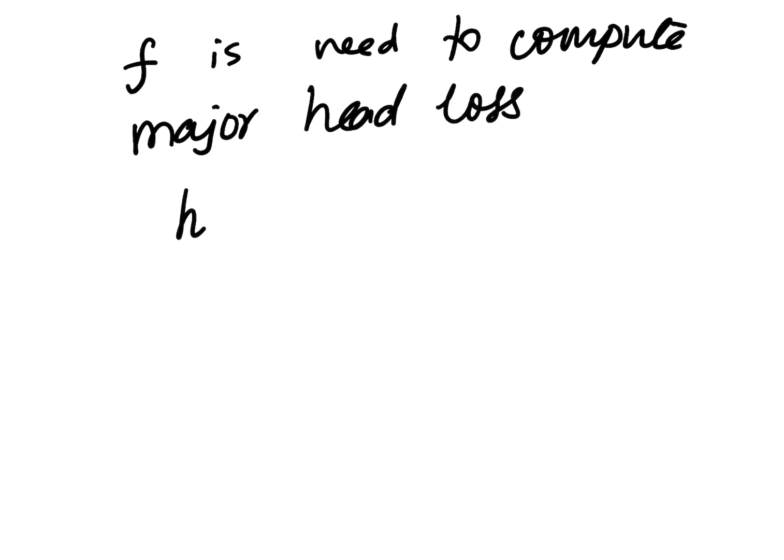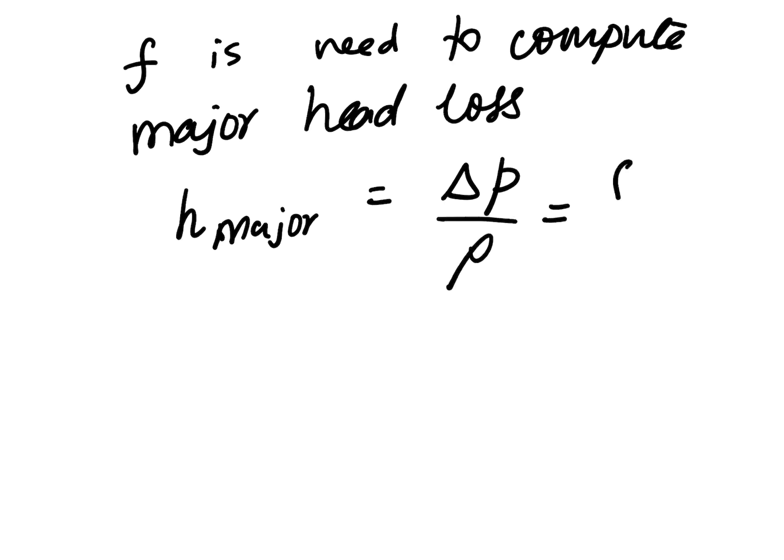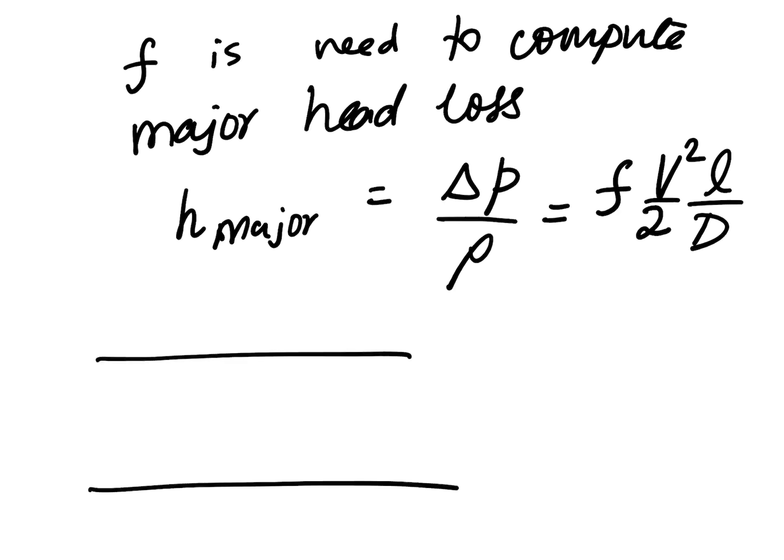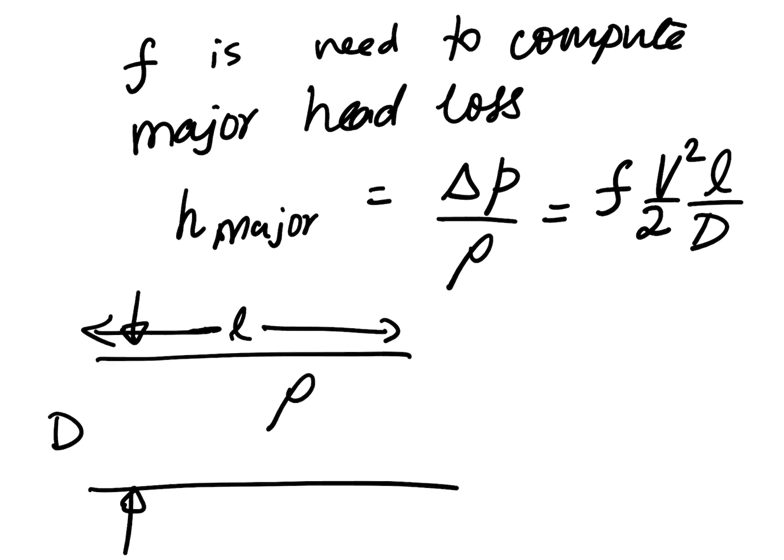So major head loss, to recall, H major, is the pressure drop across a straight pipe section divided by the density of the fluid, and this is calculated as the friction factor times V squared over 2 times L over D, where L is the length of the piping section and D is the diameter of the pipe. So this is D, this is L, the density is rho, and velocity is V, average velocity.